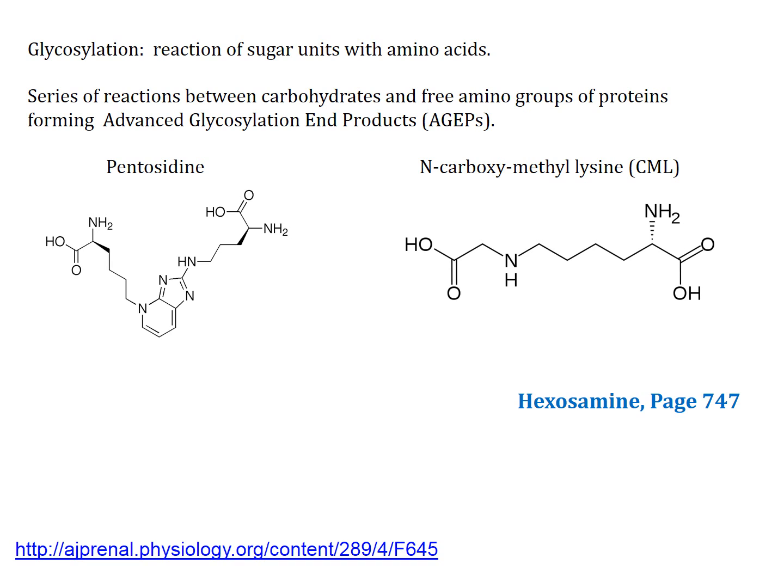Our book talks a little bit about this. I think they only devote about one paragraph to it, and they talk about hexosamine as one of these AGE products, but again, understand there's a lot of them.